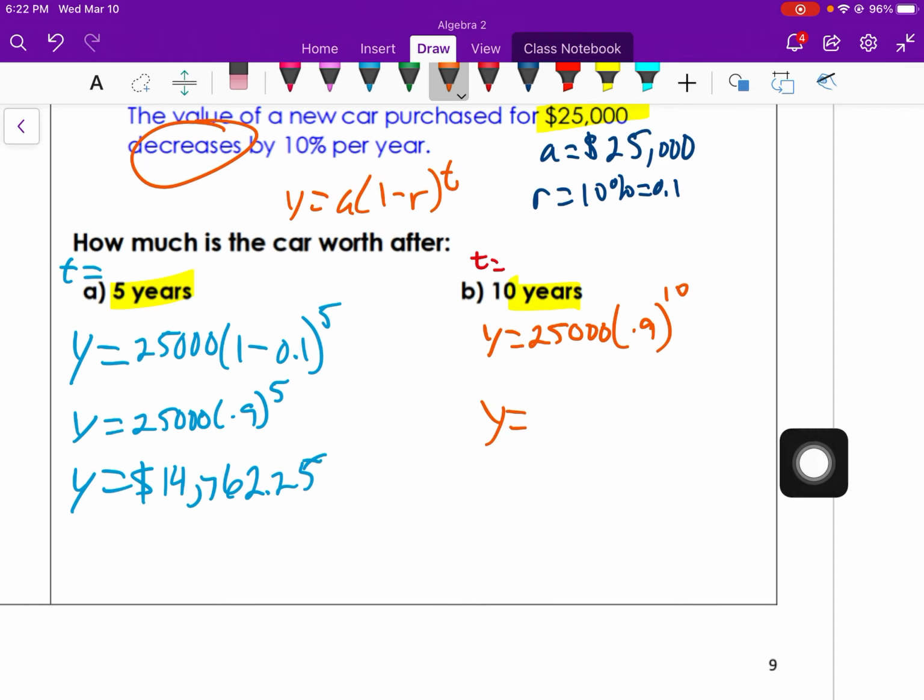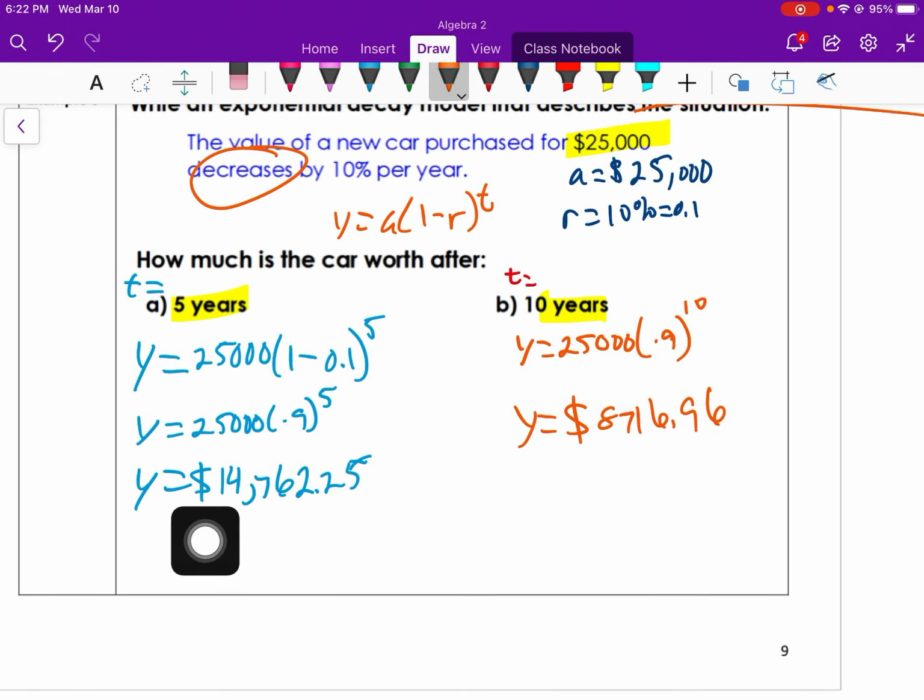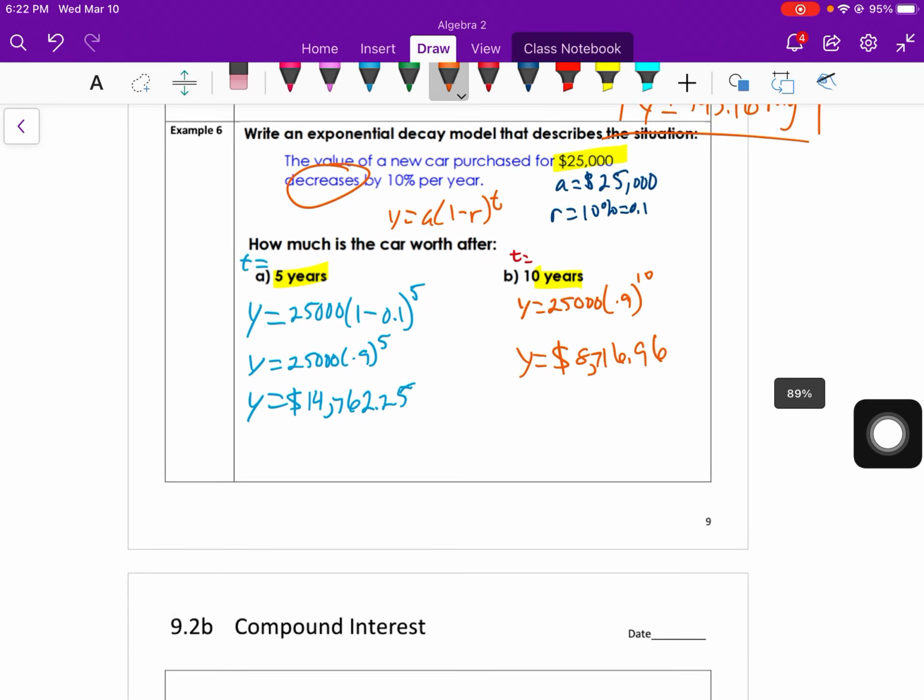And then when you take your exponent first and then do the product, you get 8,716.96. So you can see how quickly the value of your car is decreasing. When a starting value is 25,000, after 5 years, it's almost $11,000 less. And then by this point, it's less than $10,000. So the value of your car decreases very quickly.